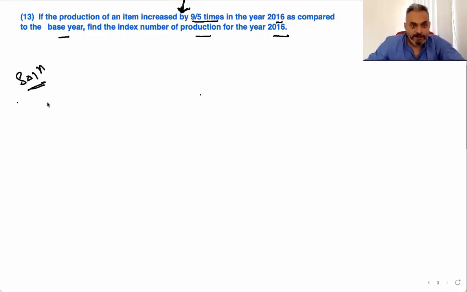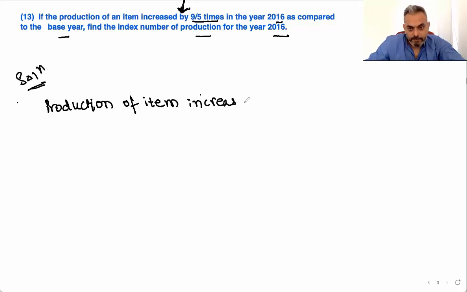So let's write. Production of an item increased by 9 by 5 times, which is equal to 1.8 times.